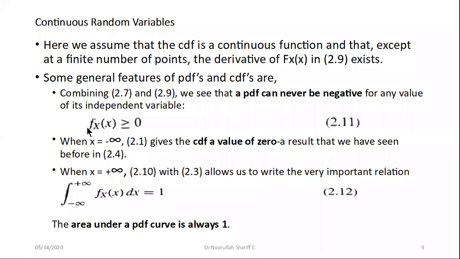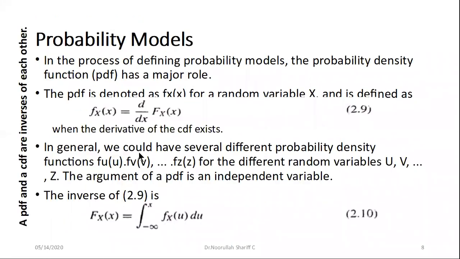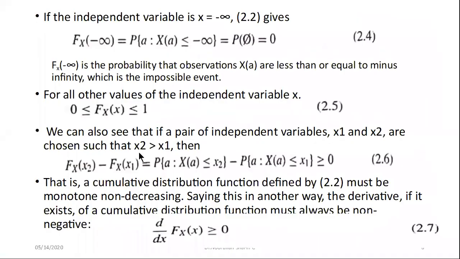That is, small f_X(x) is always greater than or equal to 0. When x is equal to minus infinity, 2.1 gives the CDF a value of 0, a result that we have seen before in 2.4. That we already considered in 2.4.